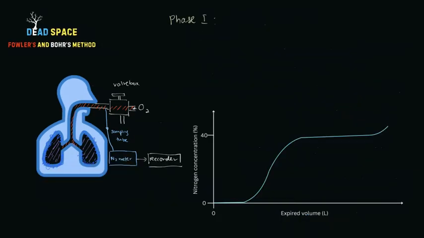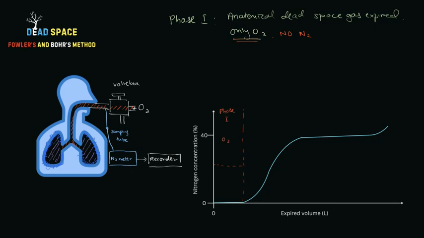So this is the graph of nitrogen concentration against expired volume. Phase 1 is the anatomical dead space gas expired, only oxygen. No nitrogen will be detected here. So from 0 up to this point here, this is phase 1 where there is only oxygen.